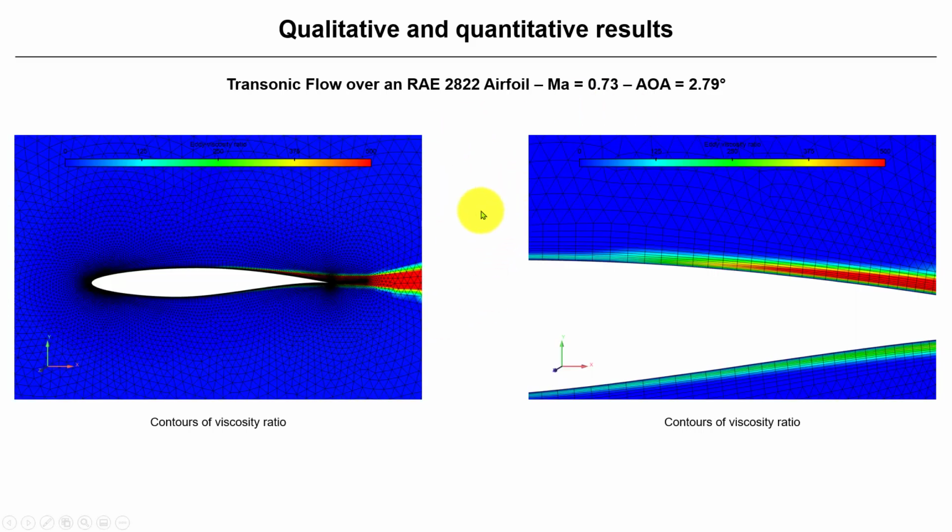Now we look again at the viscosity ratio, that quantity I already mentioned that people don't look at very often, and this is very important. Remember, it's just to check if you have a good mesh, so you are not adding too much numerical diffusion into your solution.